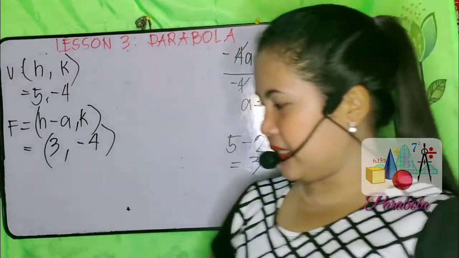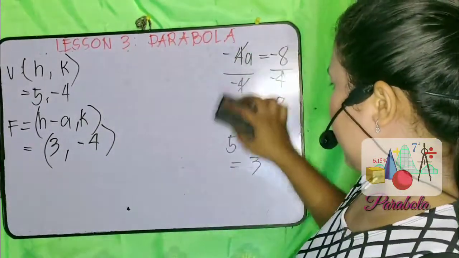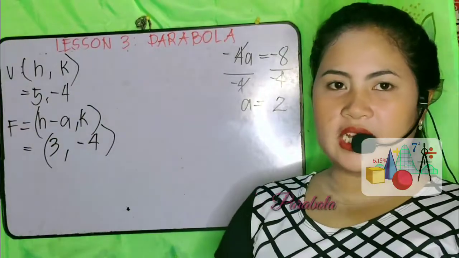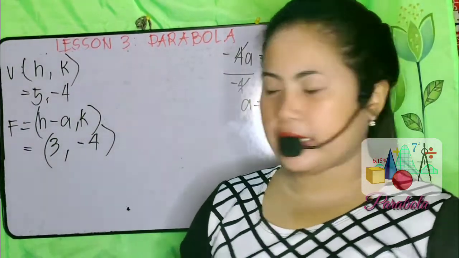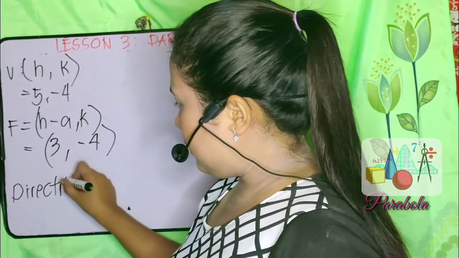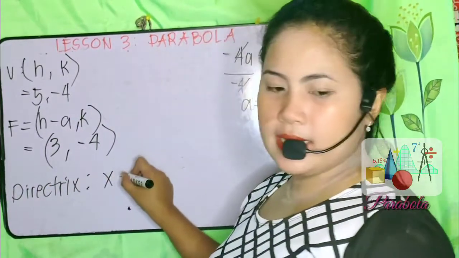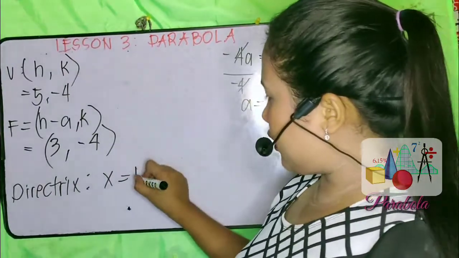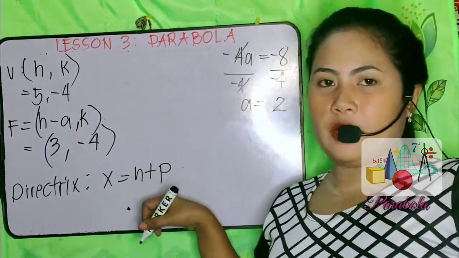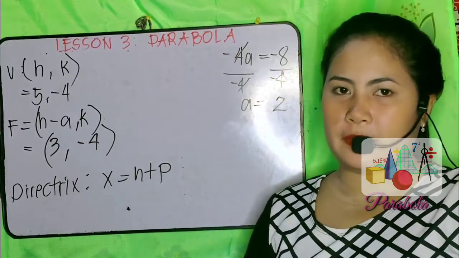So now, hahanapin na natin is yung directrix. Okay po, so hanapin na natin yung value ng directrix. So for formula natin for directrix is, okay, so ayan. So x equals h plus a. So, saan ko po ito nakuha? Yung sa properties po na if the parabola opens to the left. So, balikan nyo na lang po yung different properties.